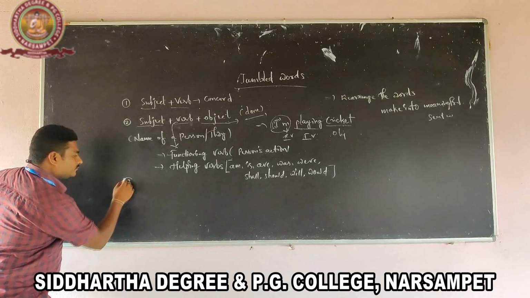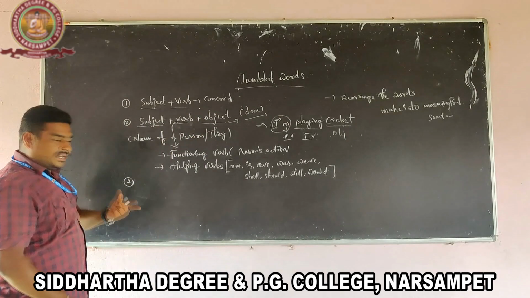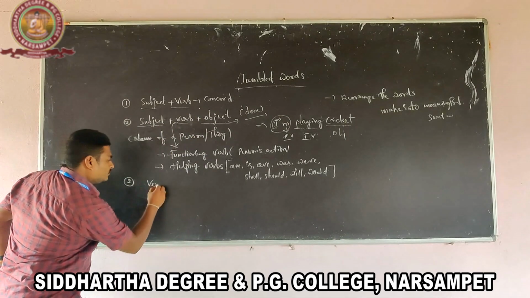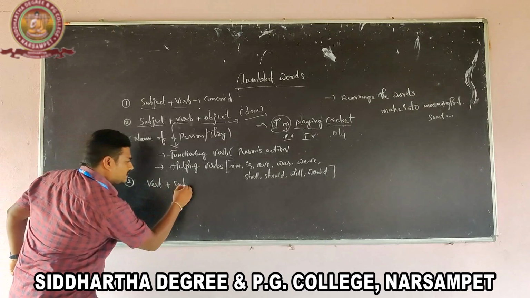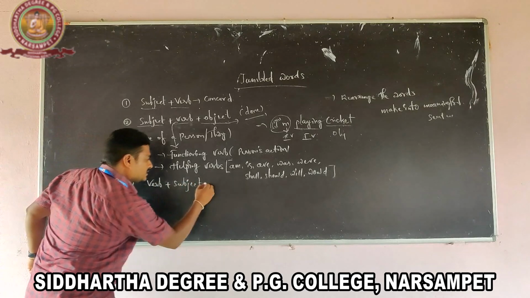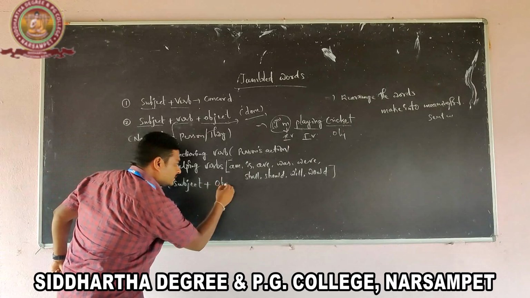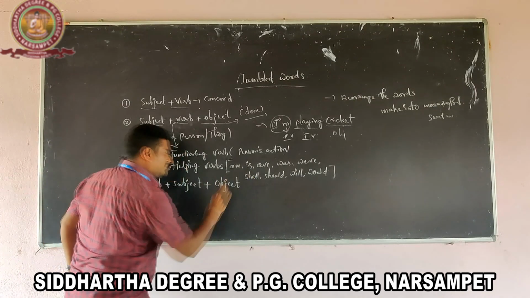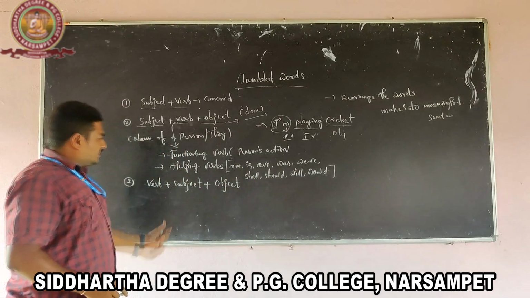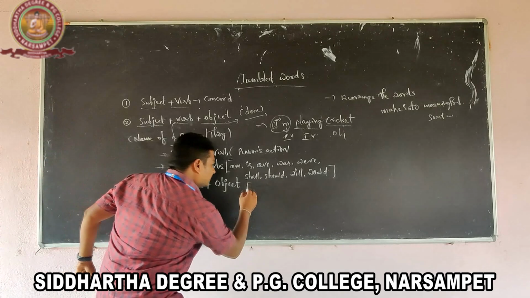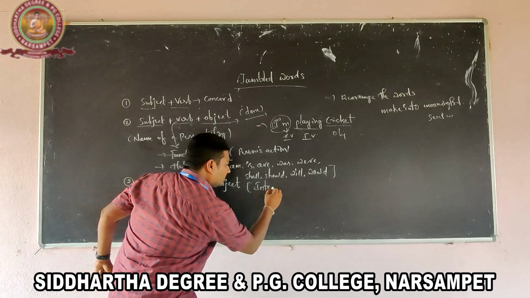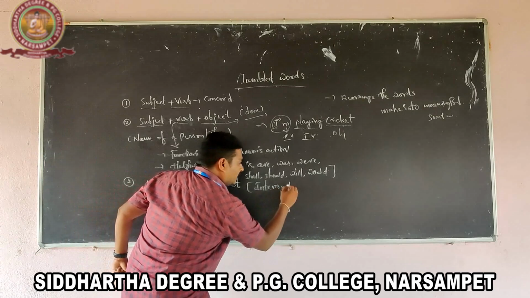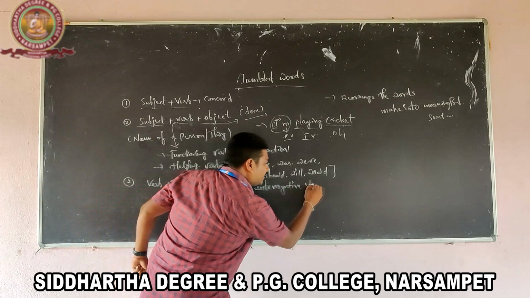Next, the second one is verb plus subject plus object. This structure refers to interrogative statements.